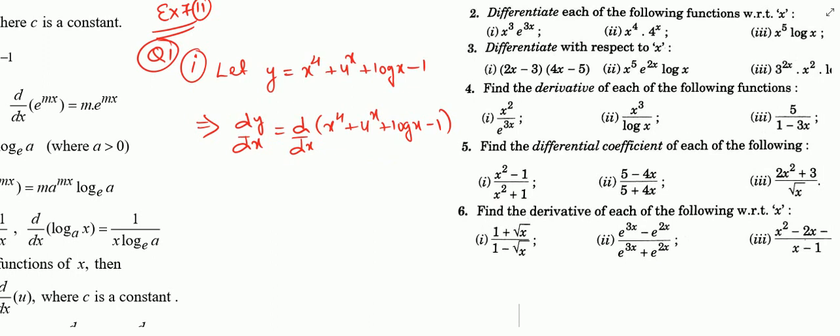Now we have to differentiate this. This implies dy upon dx is equal to the derivative of x to the power 4 plus 4 to the power x plus log x minus 1. Now you can see that this function is a sum of how many functions? 1, 2, 3, 4.